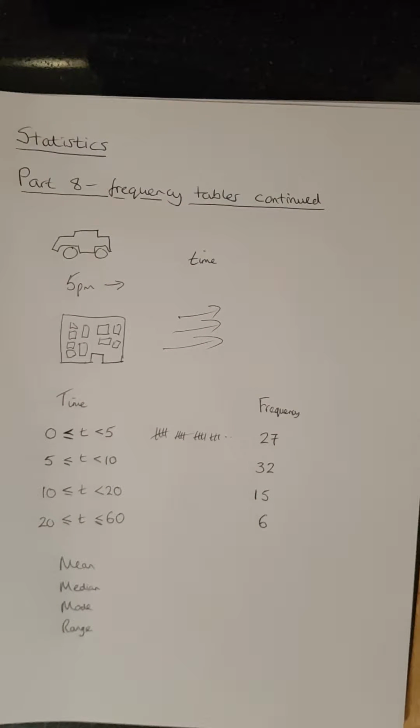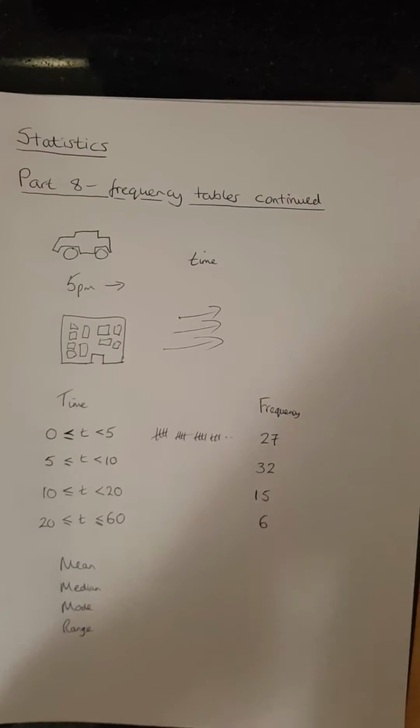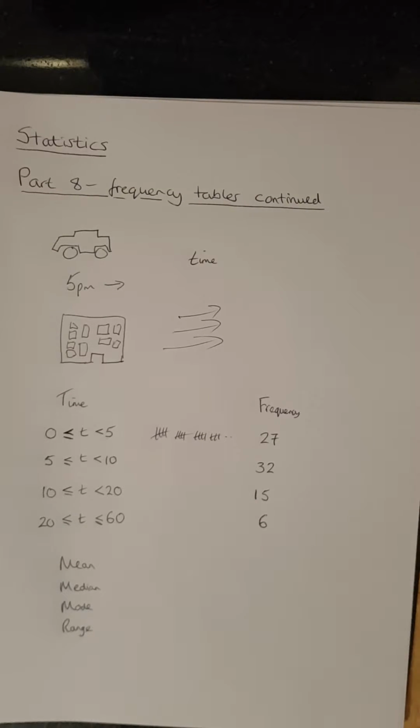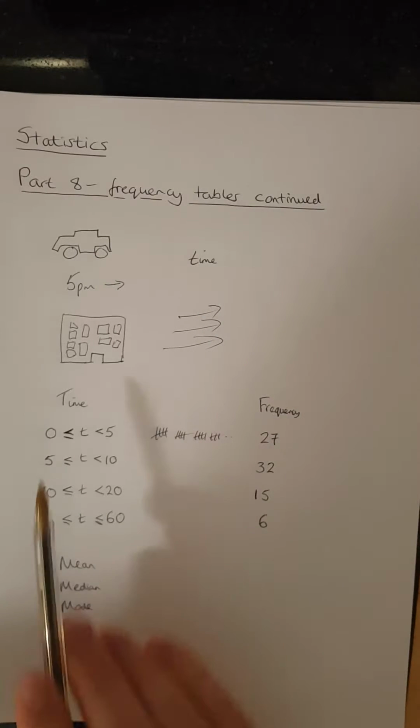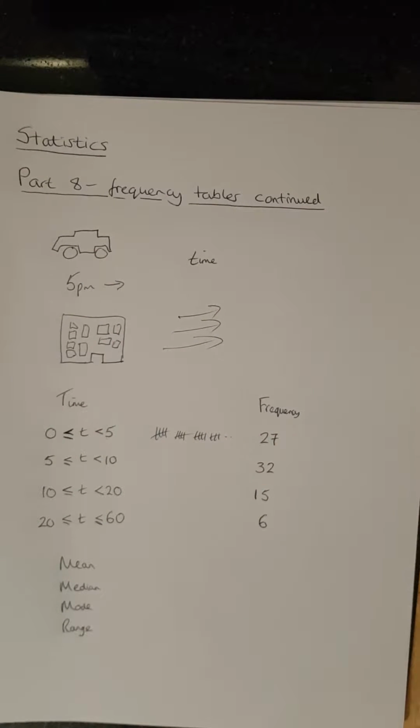But there's a problem with our data here. How are you going to be able to tell me anything when you haven't actually recorded the specific value for any piece of data? We've only got the interval, not the actual value. Well, let's see what we can do.